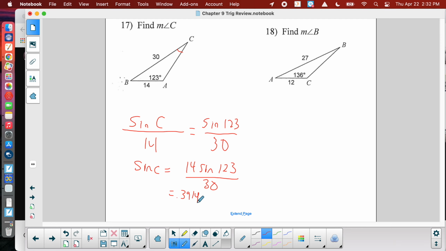Four decimal places. That's not my angle. You're right. It's not. That is the sine of the angle.